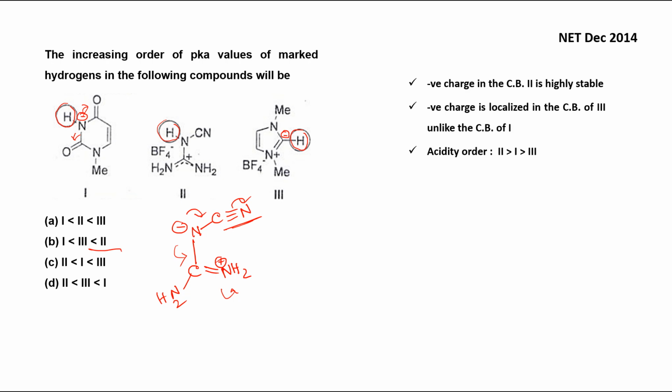So if we consider these points, the negative charge in the conjugate base of 2 is highly stable. Then the negative charge is localized in the conjugate base of 3, unlike the conjugate base of 1. In the conjugate base of 1, the negative charge is not localized. It is localized only in case of 3. So the acidity order will be, maximum is obviously 2, but after that it is 1 and then 3. So the pKa order should be the reverse: 3, then 1, and then 2. So it is matching with C. Fine.